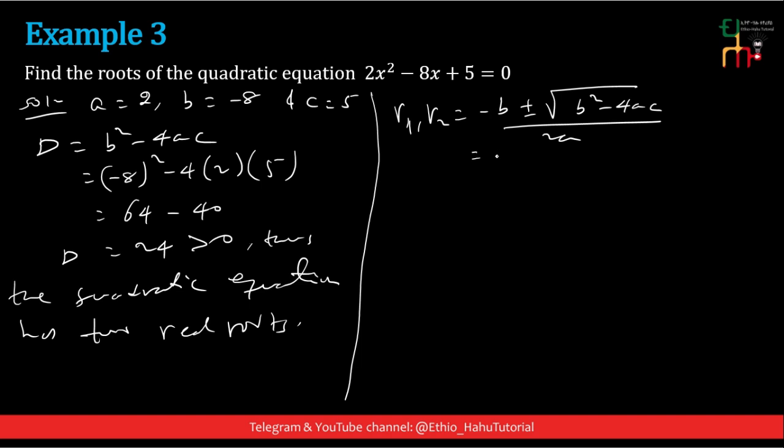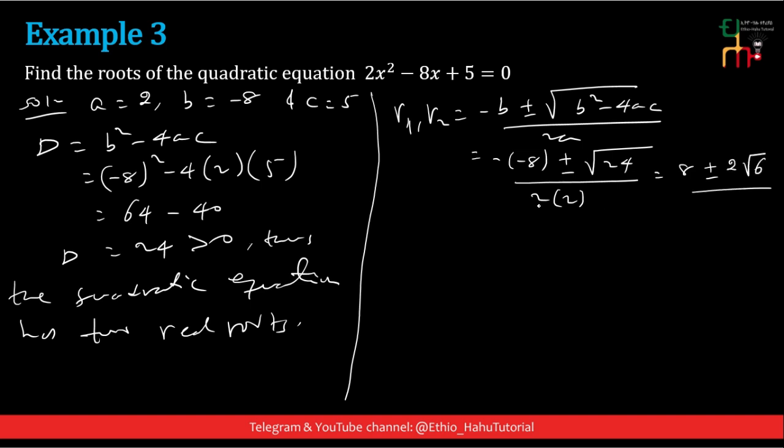This is equal to minus b, which is 8, plus or minus the square root of b squared minus 4ac, which is 24, divided by 2 times a, which is 2. This is equal to 8 plus or minus the square root of 24, which is 2 radical 6, divided by 2 times 2, which is 4.